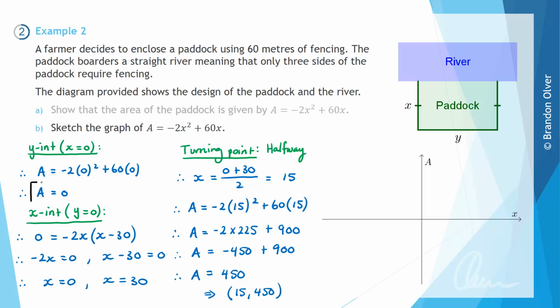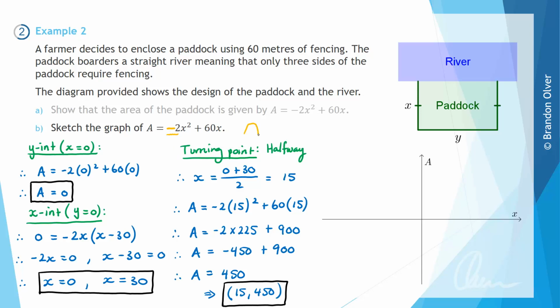So now that we've got the y or the A intercept, both of the x-intercepts of 0 and 30, as well as the coordinate of the turning point, we're now well and truly ready to sketch this graph. Just before we jump into sketching, I'll draw your attention to the negative 2 out the front of the x squared term, which means that the parabola is concave down.